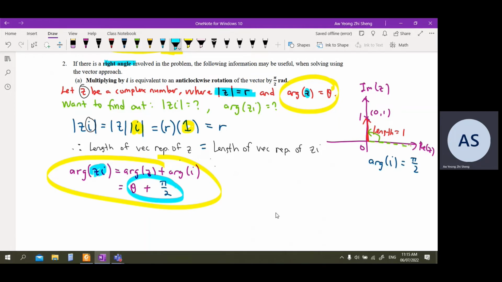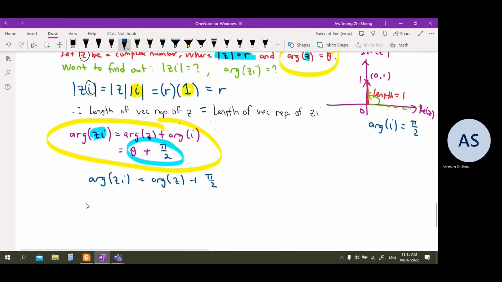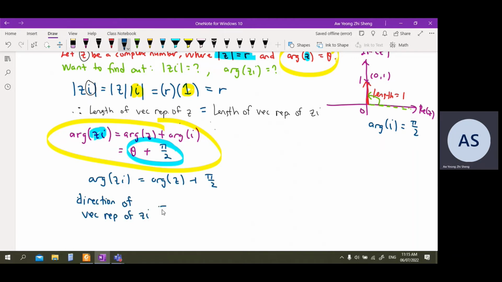So in other words, we can write the argument of zi is the argument of z plus pi over 2, because theta is the same as the argument of z. So that means that the direction of the vector representation of zi is the same as the direction of the vector representation of z plus pi over 2.